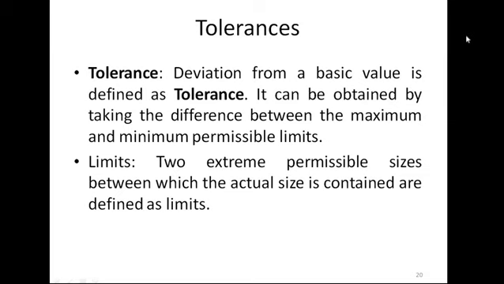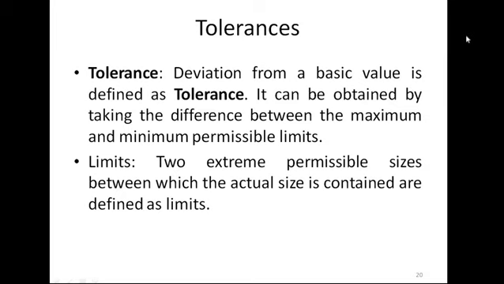If the part does not fall in this zone, between 19.95 and 20.05, if it is outside this tolerance zone, the part will be rejected. If the part is between 19.95 and 20.05, then the part is acceptable.